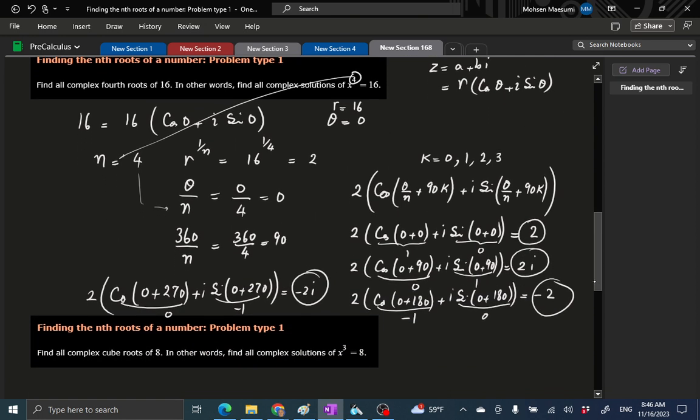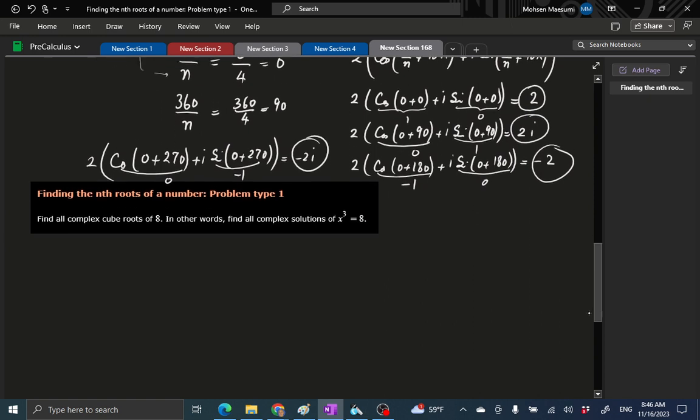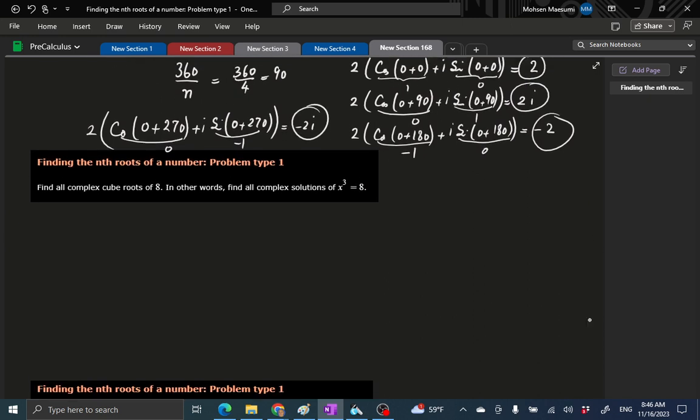Let's go practice one more time. Here x cubed is equal to 8. This time I'm going to be faster. I take this number, take the cube root of it. So cube root of 8, of course, that is just 2. Then times cosine of, what is my theta?